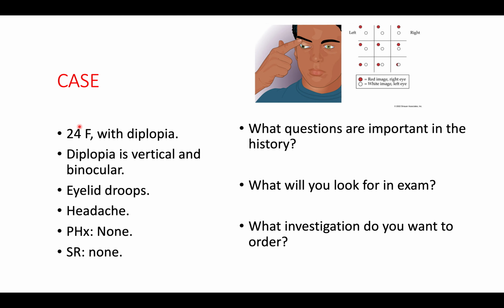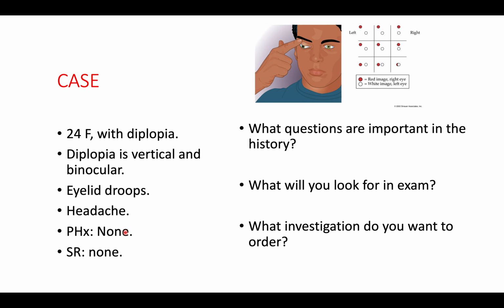So this is a case that I want to think about. A 24-year-old female with diplopia. Okay, so with double vision, diplopia is vertical and binocular, meaning in both eyes, and there is drooping of the eyelid, and there is headache.